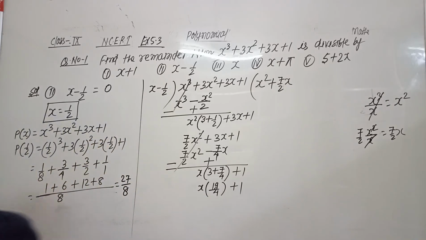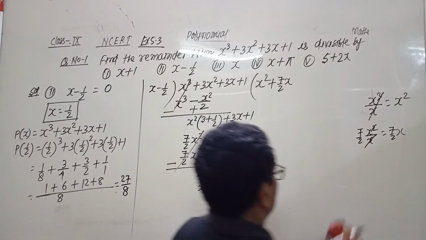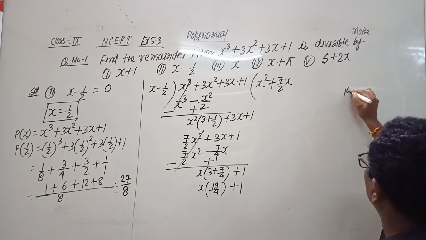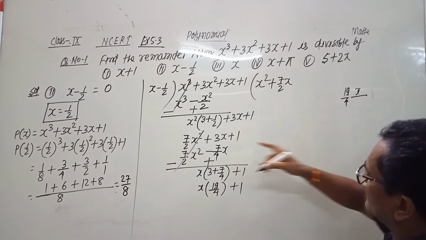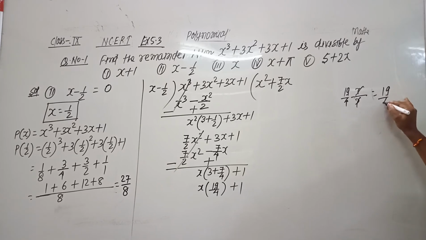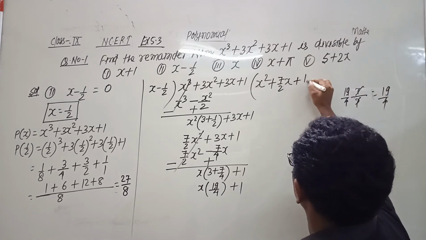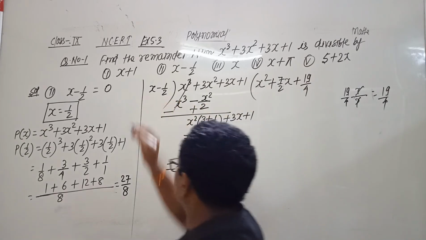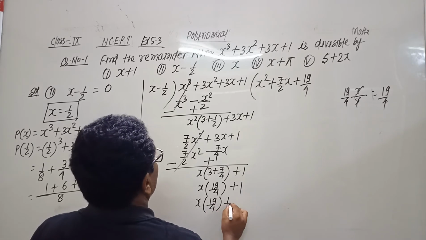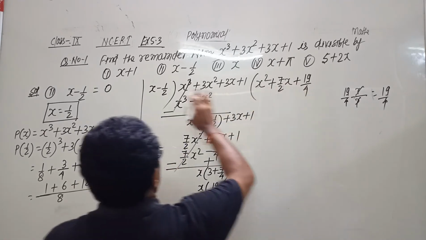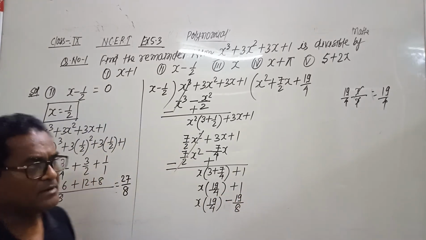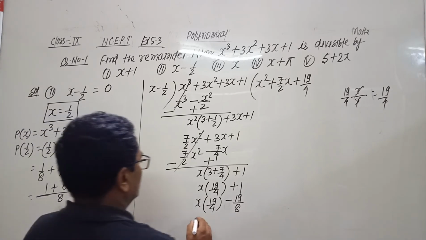Now the first term of the dividend is 19 by 4x, and the first term of the divisor is x, so x and x cancelled, it remains 19 by 4. So here we will write 19 by 4. So 19 by 4 multiplied by x means x into 19 by 4, and 19 by 4 multiplied by 1 by 2, 19 by 8.